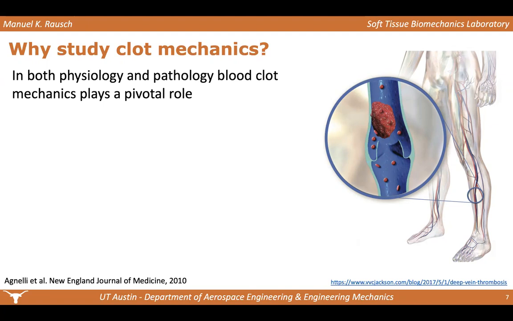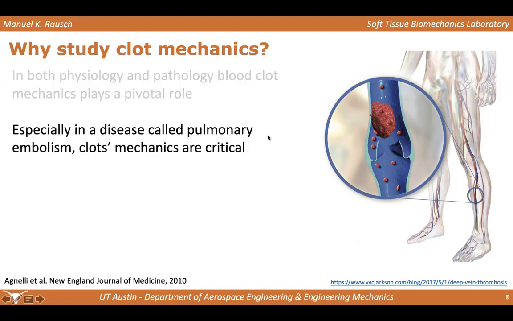In disease, it also plays a very important role, specifically in a disease called pulmonary embolism. Here on the right-hand side, you see an artistic depiction of this disease. You have a vein in blue, and for one reason or another, a blood clot may form in your veins. Here they depict a venous valve.